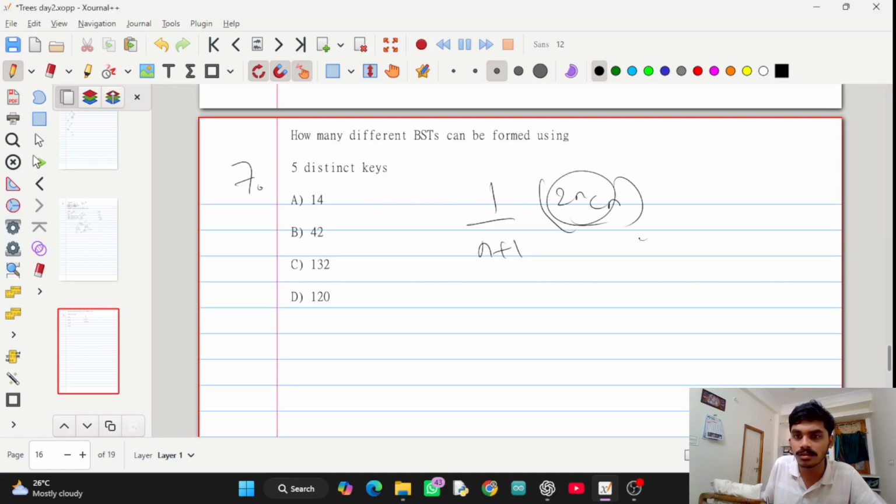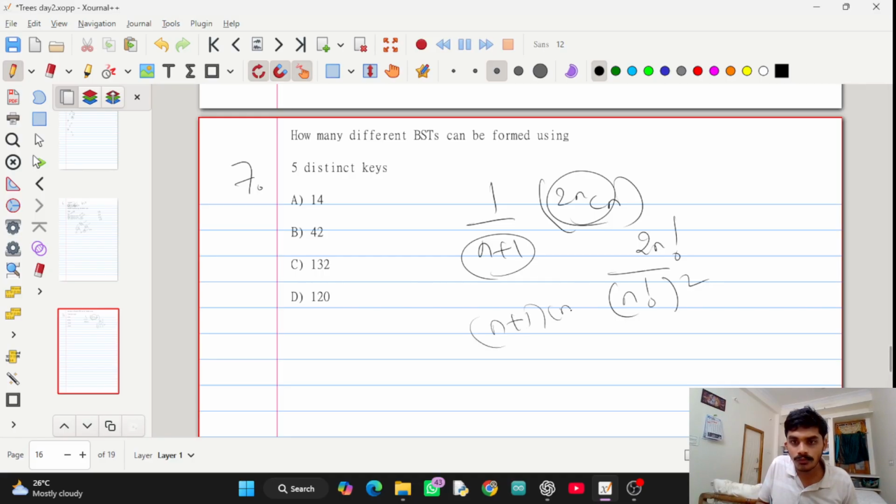So 2n C n is nothing but 2n factorial by n factorial into (2n minus n) factorial, which is n factorial. So we can rewrite this as n factorial whole square. But we have an n plus 1, and n plus 1 into n factorial becomes n plus 1 factorial.